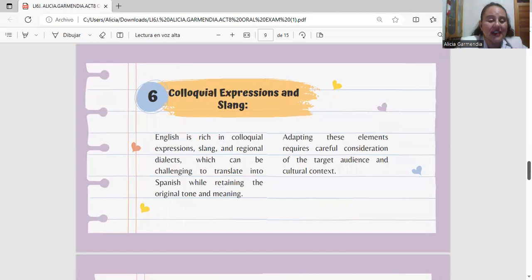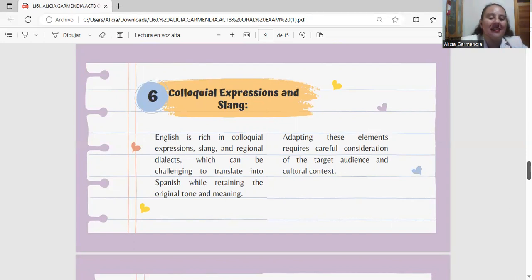Colloquial expressions and slang. For example, in Mexico, most of the slang and colloquial expressions we can hear maybe come from Mexico City, because over there are a lot of little towns, in Spanish municipios, that could have expressions like chale or chido, and those expressions are not easy to translate.